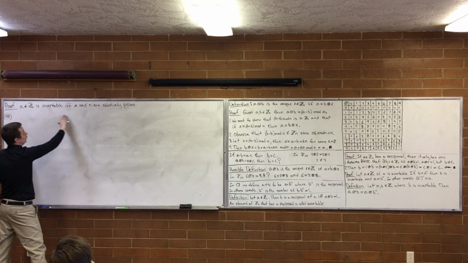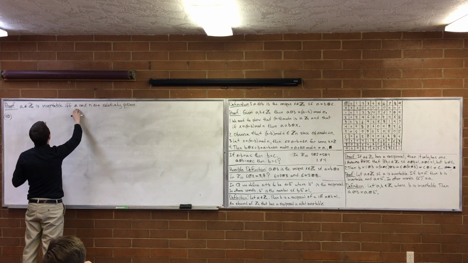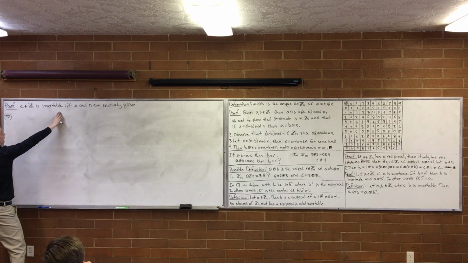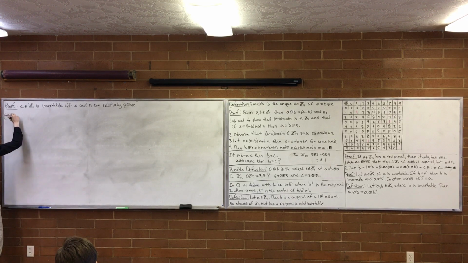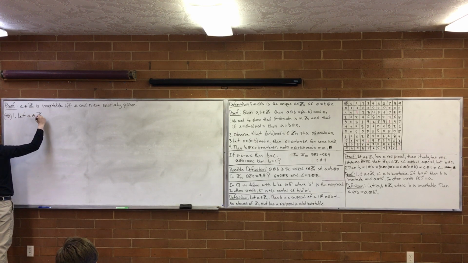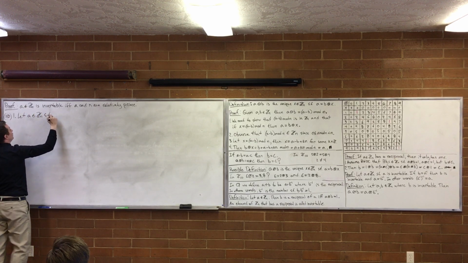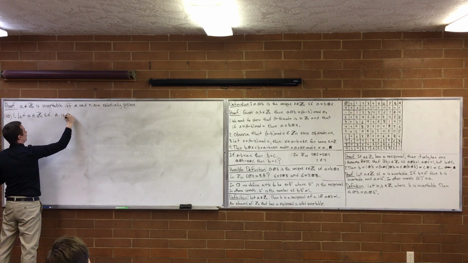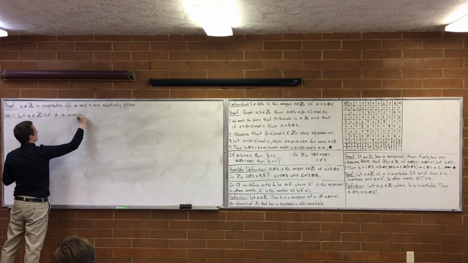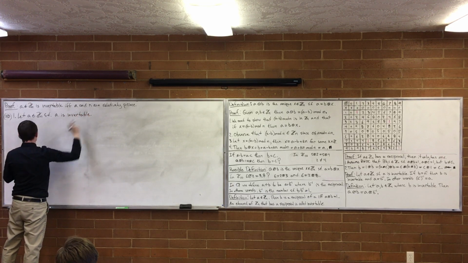We're going to assume A in Zn is invertible. What does that mean?